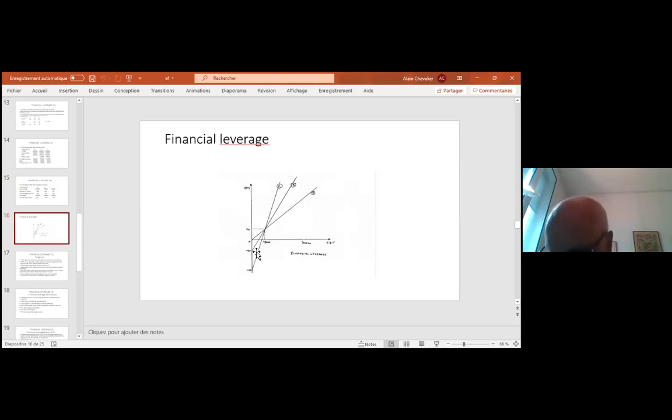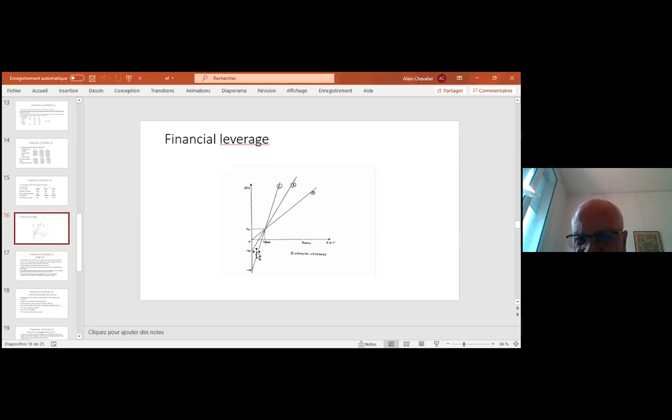When you move to the right of this 48,000 equilibrium point, it is clearly in the interest of the shareholders to increase the debt level, the debt equity ratio. And below 48,000, it is just the contrary. It is much better to be financed by more equity, and if it is possible, by 100% equity.